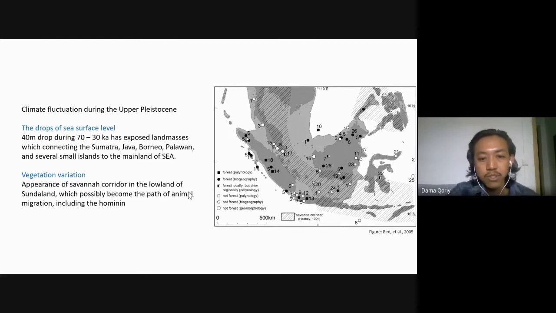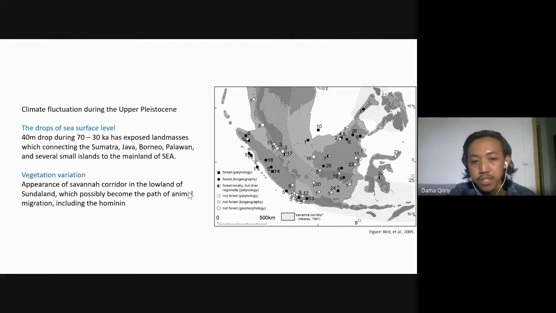One hypothesis here is the presence of a savanna corridor in the exposed Sundaland, which could have been the corridor of human and fauna migration, as the open landscape such as woodland or savanna made the life of human easier, for example, for the hunting, for the navigation.